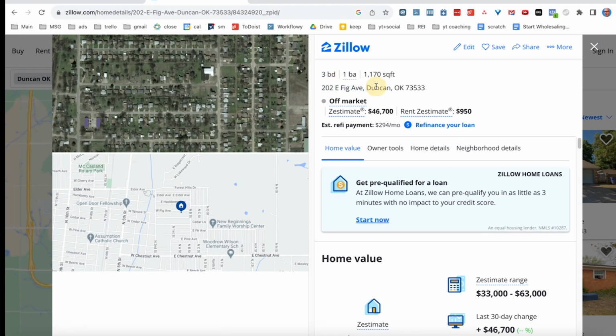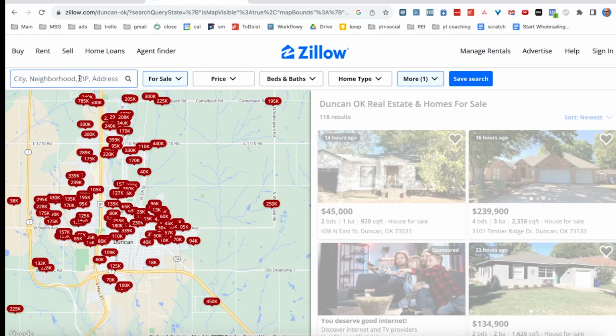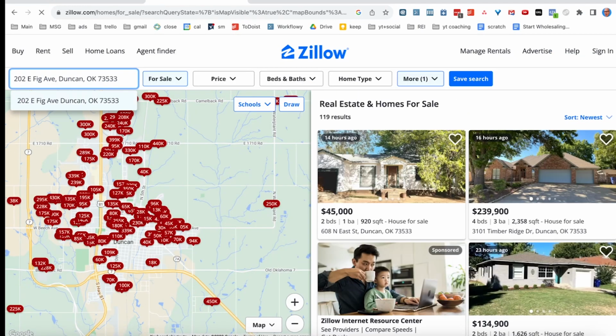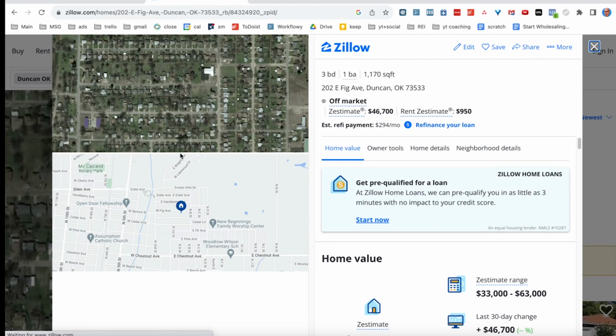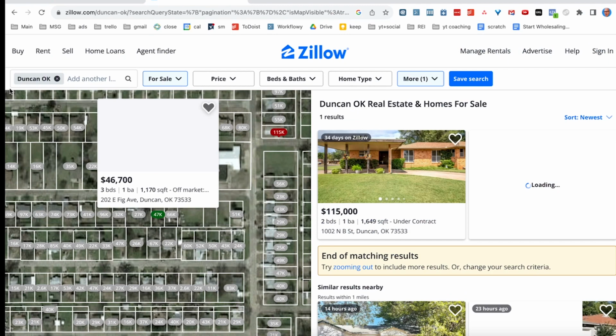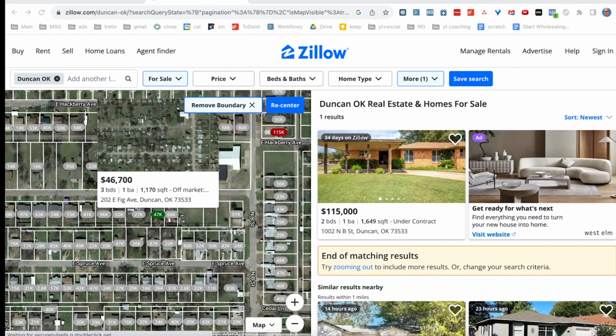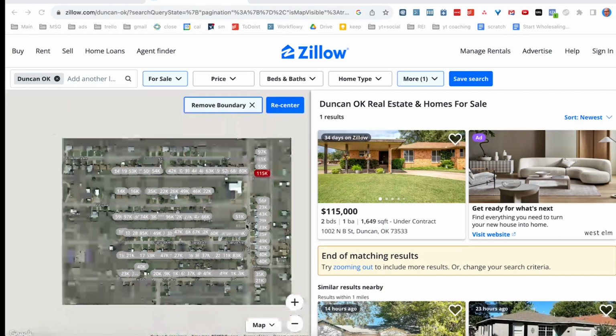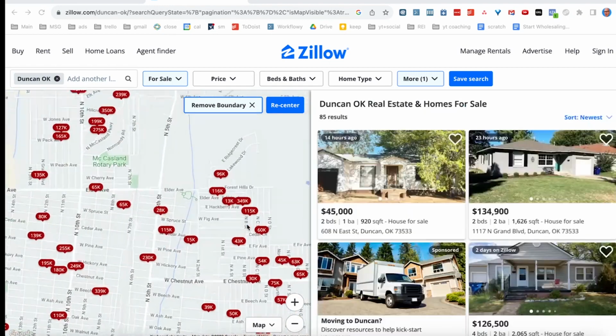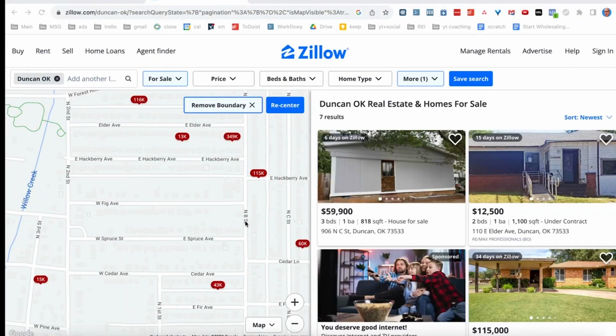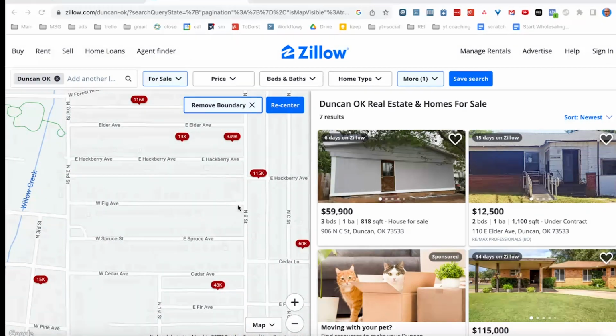So I'm going to take the address, copy it, and put it back in here. The reason I'm doing this is because I want to click outside here and then be able to zoom out. And now the map is located in exactly the area where the property is located.